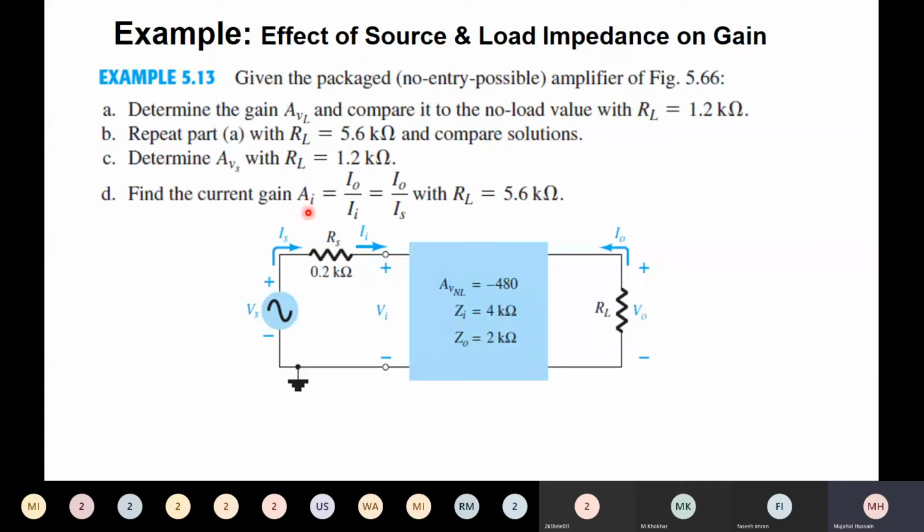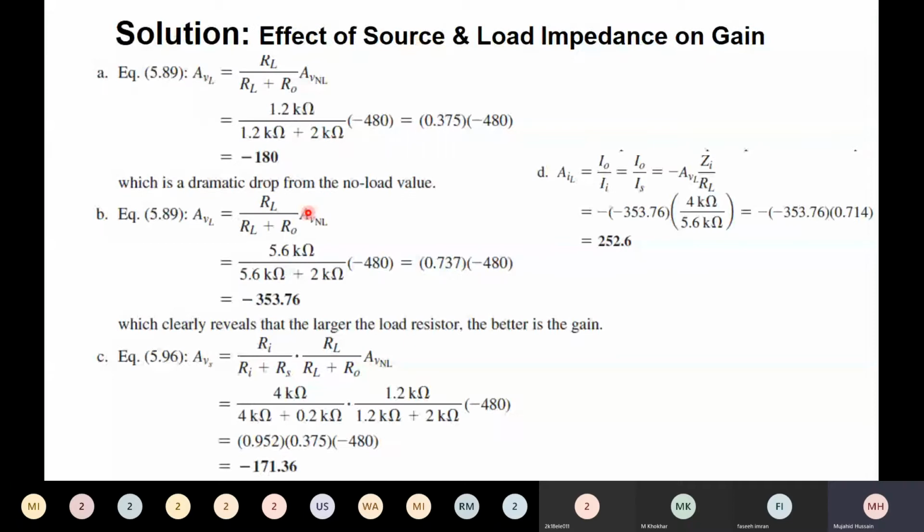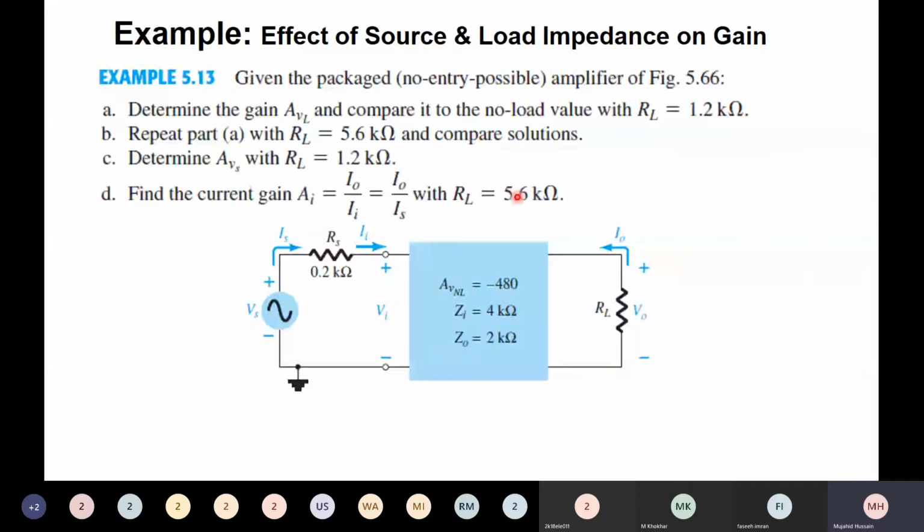The formula for the loaded voltage gain we studied earlier: RL over RL plus R naught, times the no load voltage gain. The no load voltage gain is minus 480, and the load resistance value we have substituted here. R naught is given in the two-port network package. This is R naught, which is 2 kilo ohm, so we have substituted R naught as 2 kilo ohm.